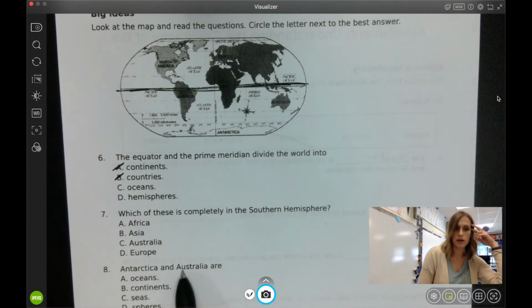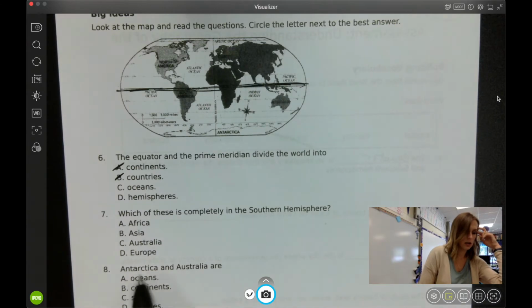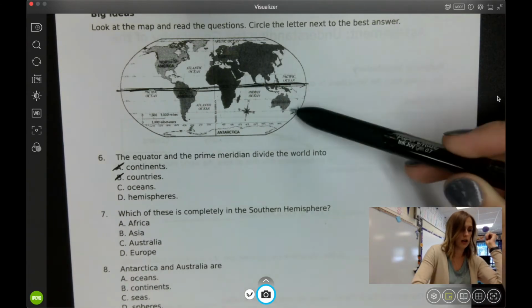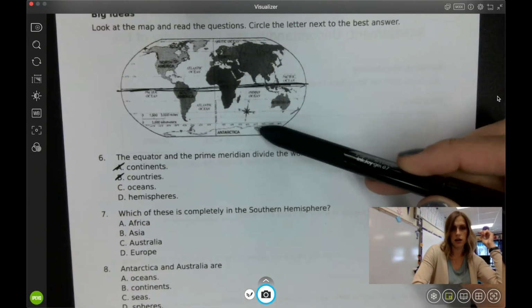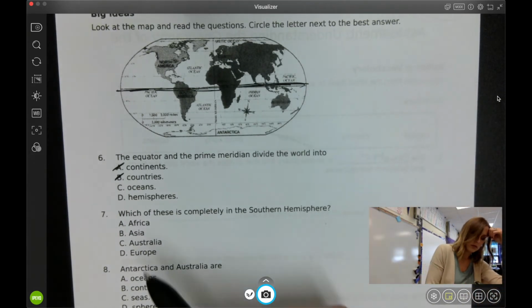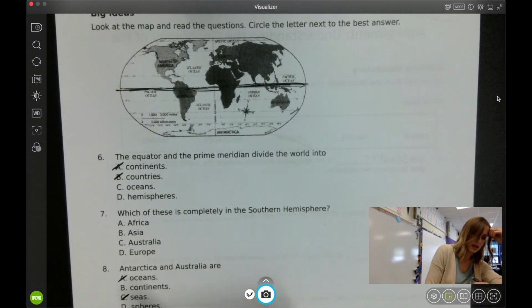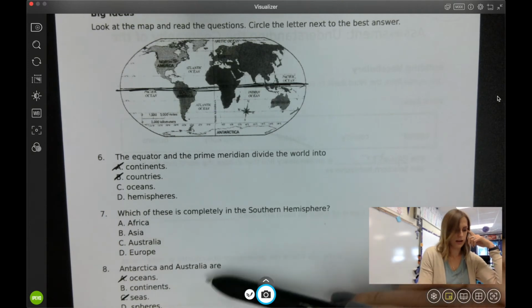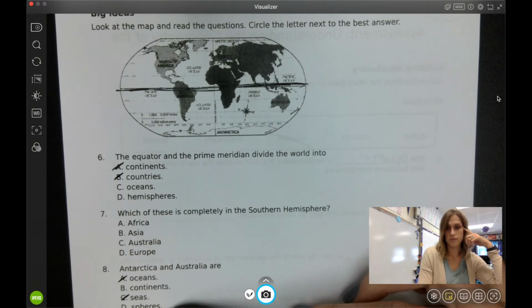Antarctica and Australia are oceans, continents, seas, or spheres. Antarctica and Australia. Australia here, Antarctica down there. They're not water, so they can't be oceans and they can't be seas. So is that a continent or a sphere?